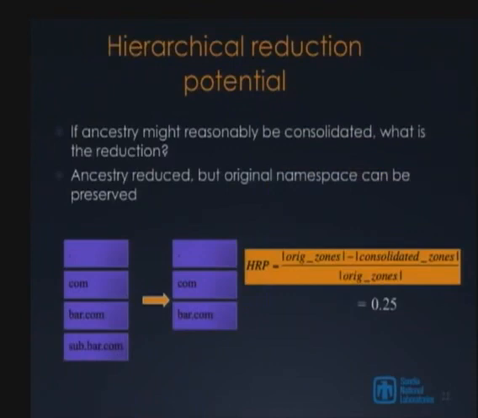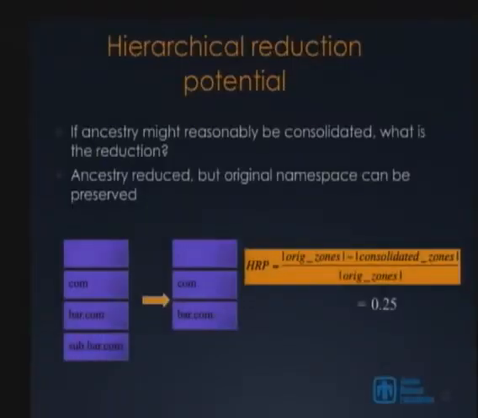Looking at the hierarchical aspect, we asked ourselves: if you could reduce your namespace hierarchically, how much could it be reduced and still preserve what your names actually look like? For example, take these 4 in the slides. You have a depth of 4: root, com, bar.com, and sub.bar.com.